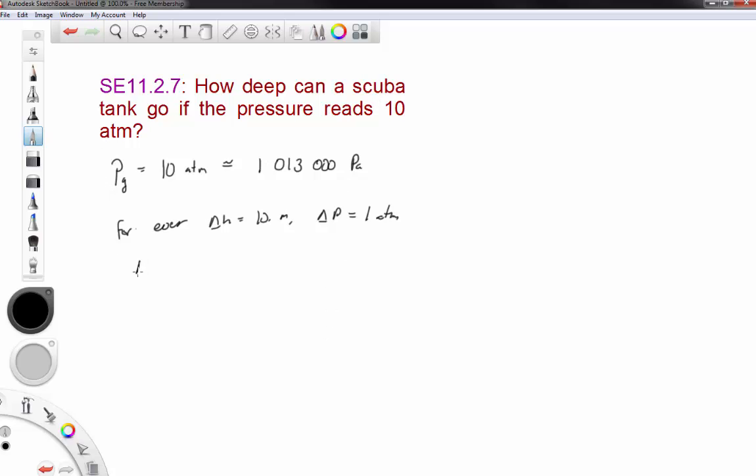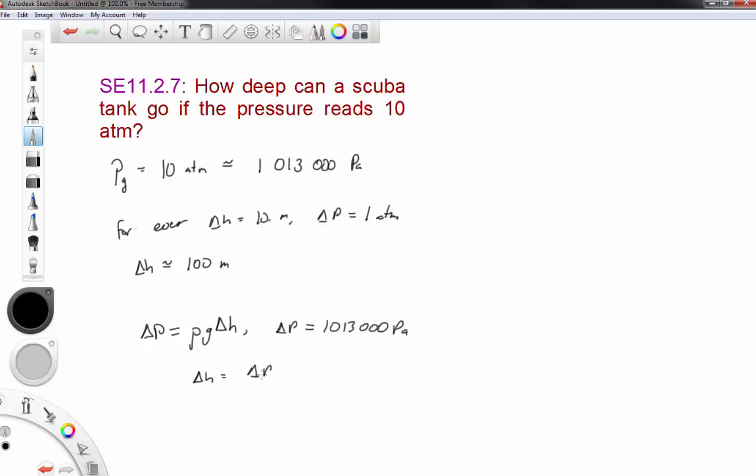So you can only go, according to this, to a depth of about 100 meters. We can be a little more precise if we'd like. Let's say it's salt water. Then delta P is rho G delta H, and delta P is 1,013,000 pascals as above.